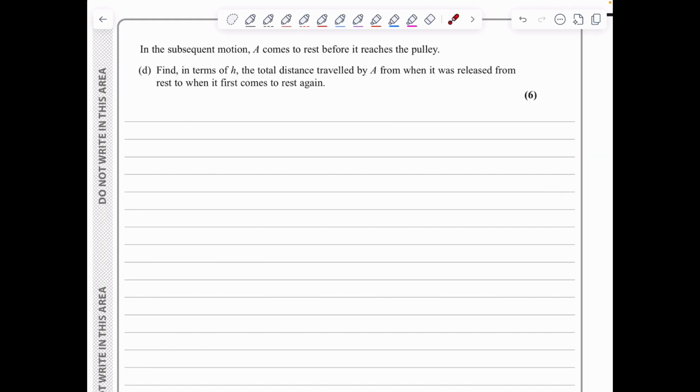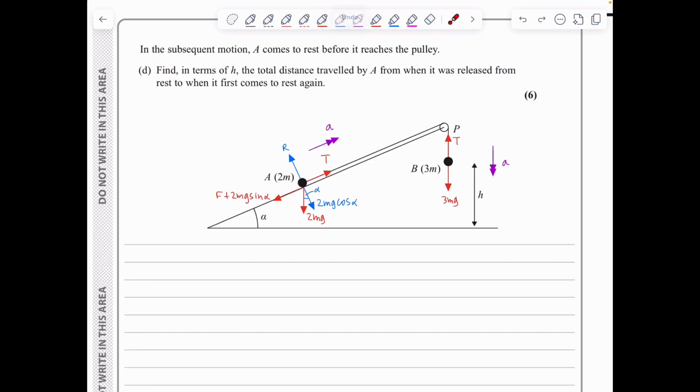Now in the subsequent motion, A comes to rest before reaching the pulley, and we need to find, in terms of h, the total distance traveled by A from when it was released from rest to when it first comes to rest again. So this was the diagram we had originally. Now as A ascends on the plane, we've got a moment at which the string goes slack.